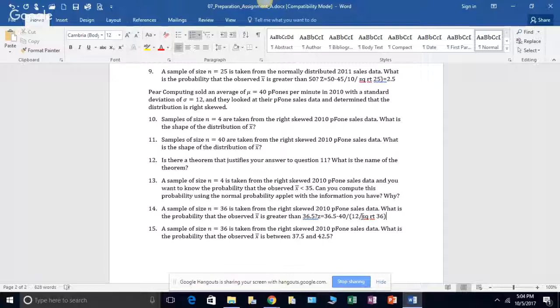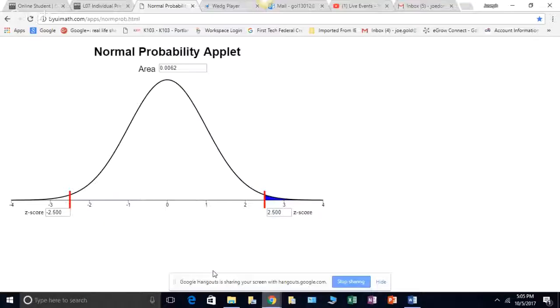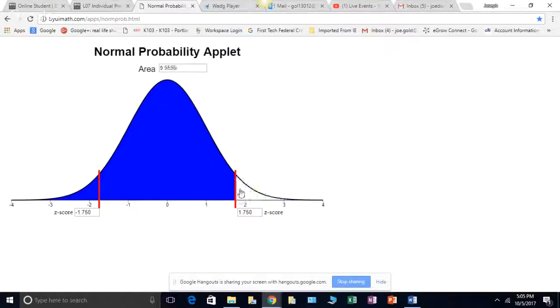So 12 over the square root of 6 is 2. And then that becomes 3.5 over 2. Does that make sense? Yeah, I'm listening. Okay, so that is 1.75. So again, we go to the applet, 1.75, and there's your answer.